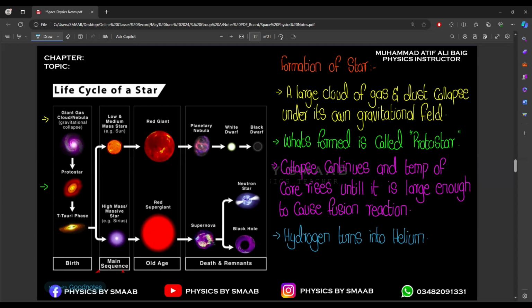So from these four steps, you can simply identify how the fusion reaction starts. And this is also called the formation of the star.